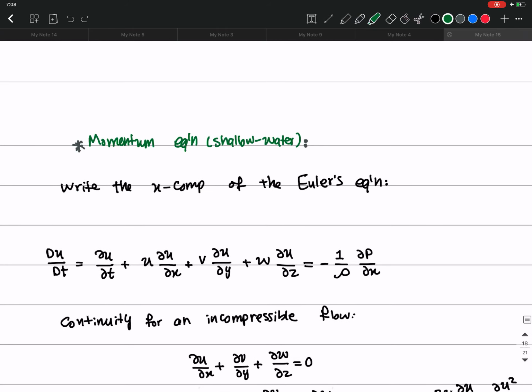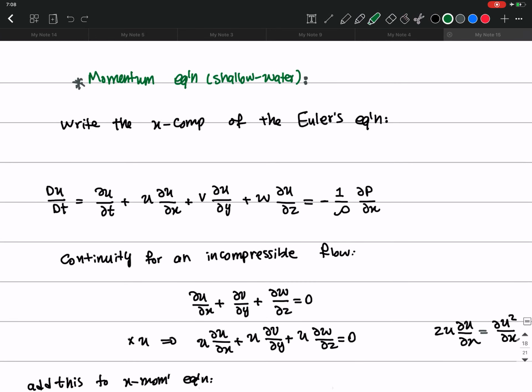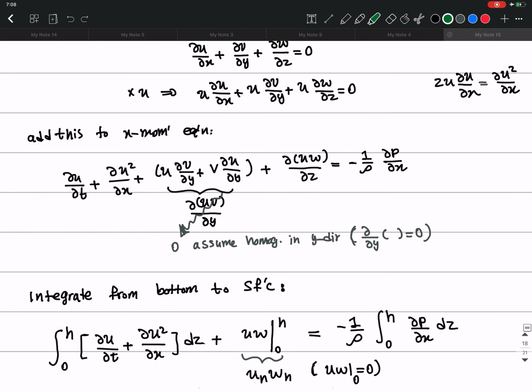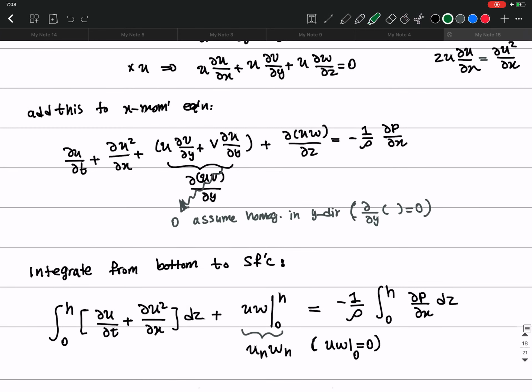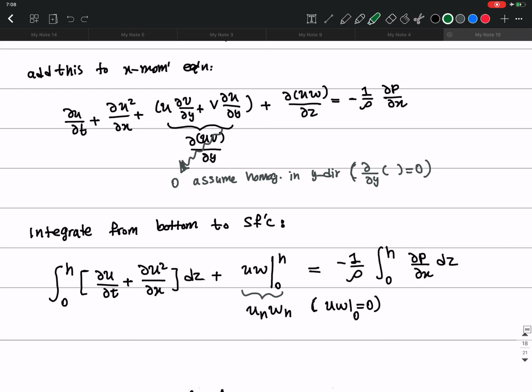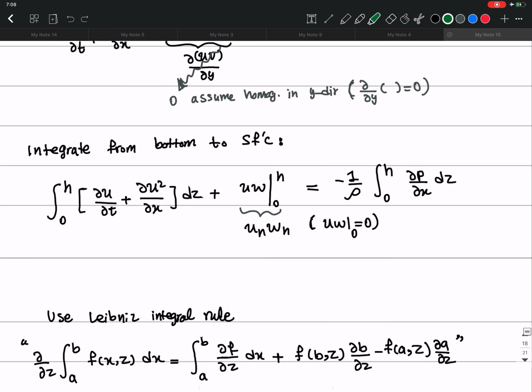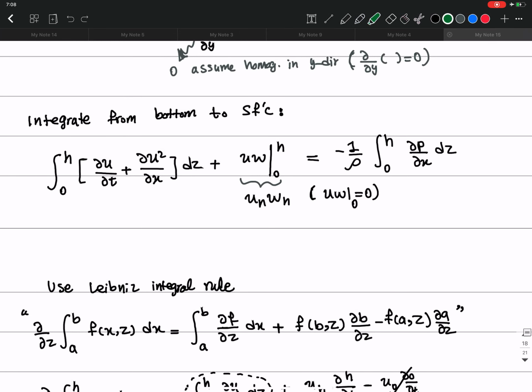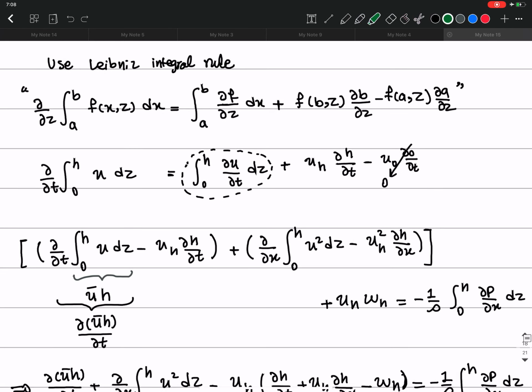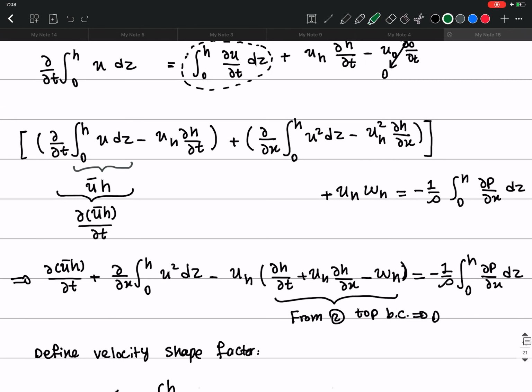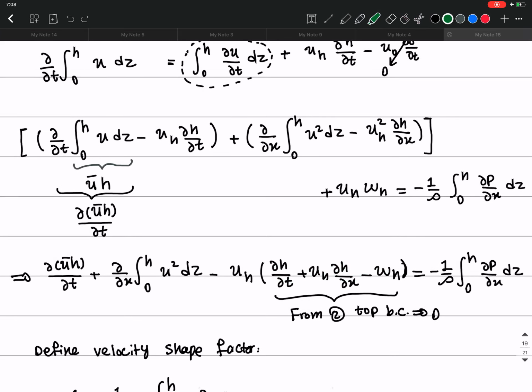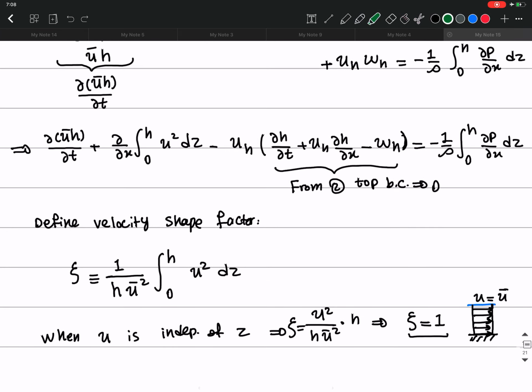Similarly, for the momentum equation, we write the x component of the Euler's equation. We do some algebra by assuming homogeneity in the y direction using the Leibniz rule. We finally get here. And then also with the top boundary condition, this term is going to be 0. And then we define the velocity shape factor as this.